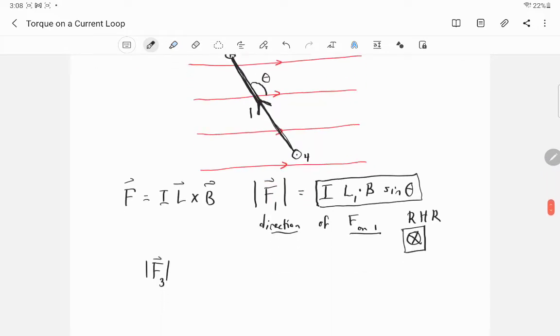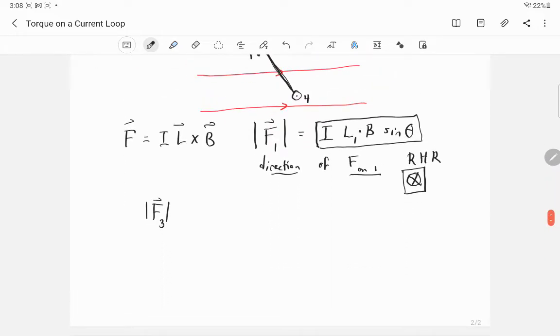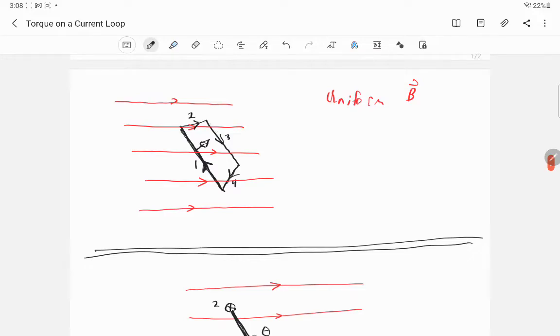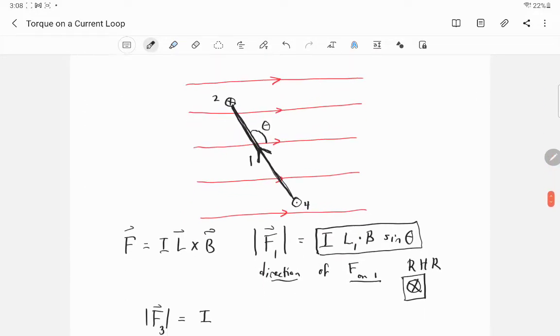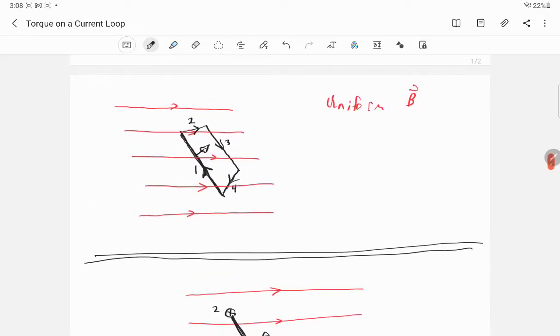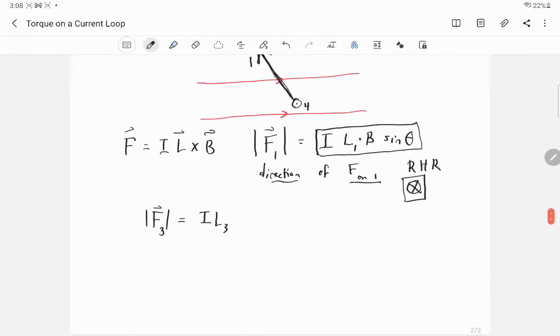When you calculate the magnitude of the force on the third side, it's going to be the same current. If this is a rectangular loop, then the third side and the first side have the same length, but I'll just call it L3. And if the magnetic field is truly uniform, then the magnetic field near the third segment is the same value as the magnetic field by the first segment. So I'll just use the symbol B.